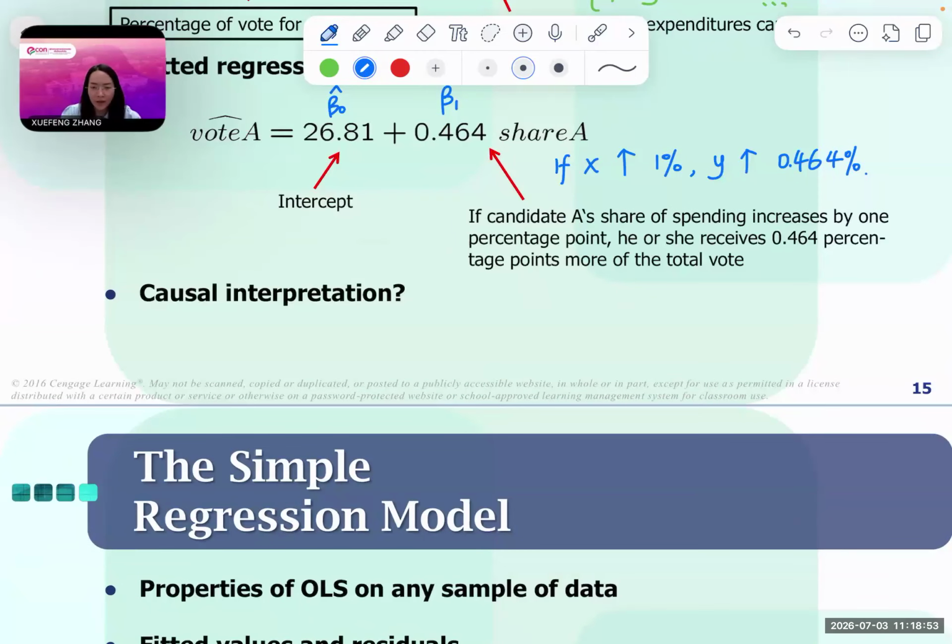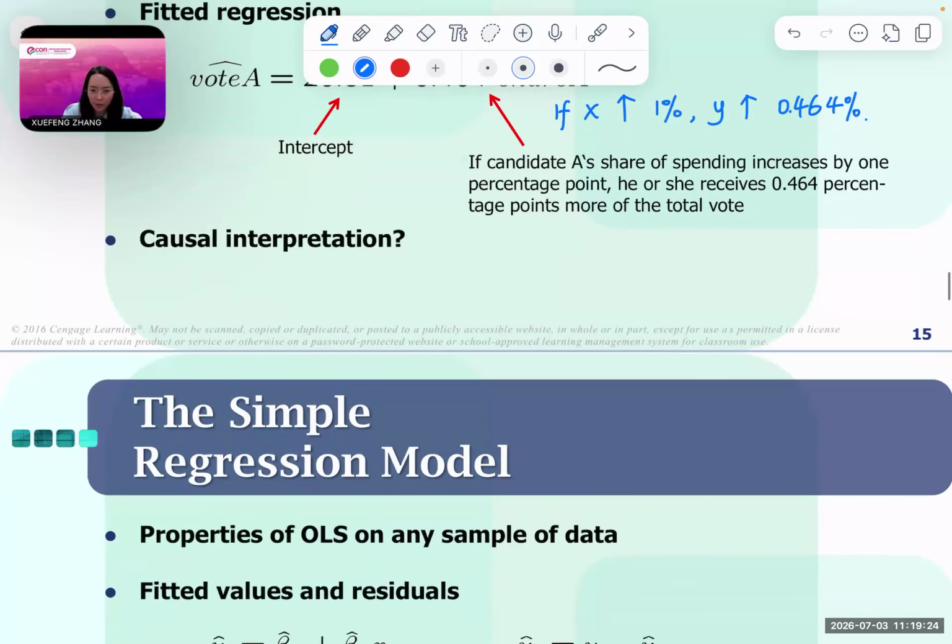Same here, causal interpretation. Does spending more cause more votes? Or do popular candidates attract more donations and win more votes? Maybe, right? Maybe we have a popular candidate and then the donors give more money, so they get higher shares. Of course, they're going to get more votes.